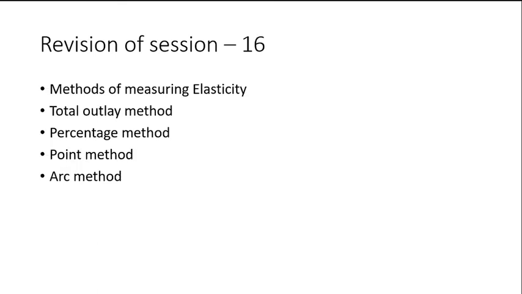There are different methods of measuring elasticity. The first one is the total outlay or expenditure method. It is measured with the help of total expenditure incurred by the household on the purchase of the commodity. The formula is TE = P × Q.